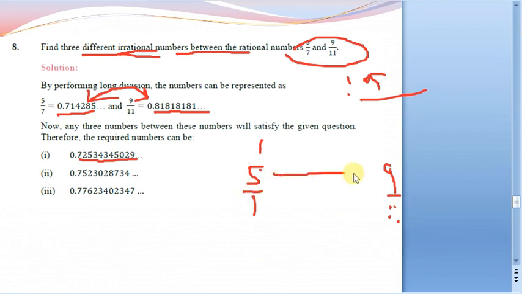We have to identify the numbers in between which are irrational. We can take any decimal expansion which is non-terminating, non-repeating, but it has to be greater than this one and less than this one. So you take 0.72, it has crossed 0.71, so surely it will be between 5 by 7 and 9 by 11. So this is one such number.